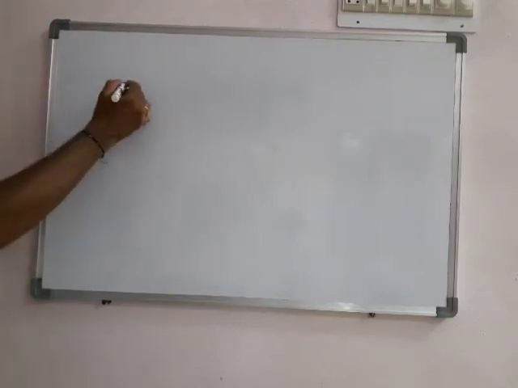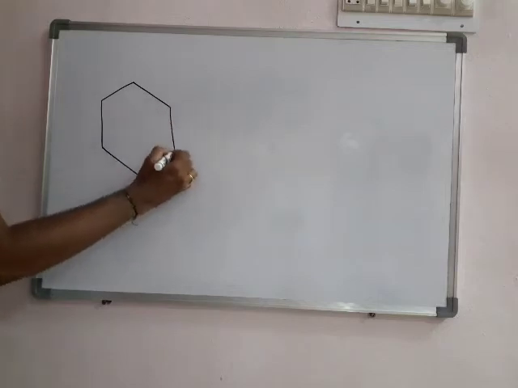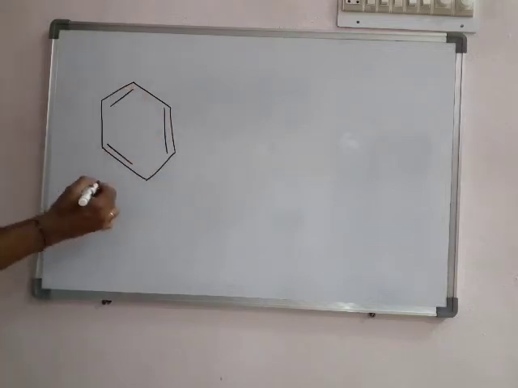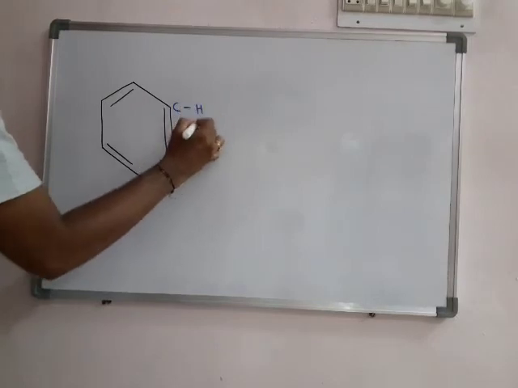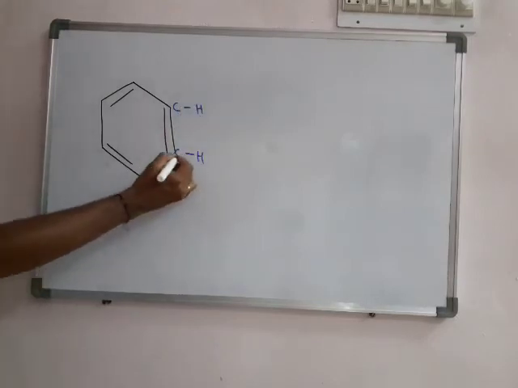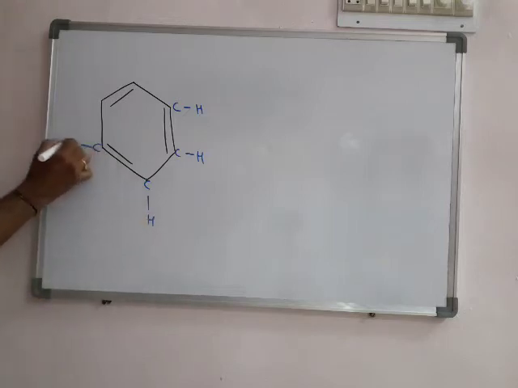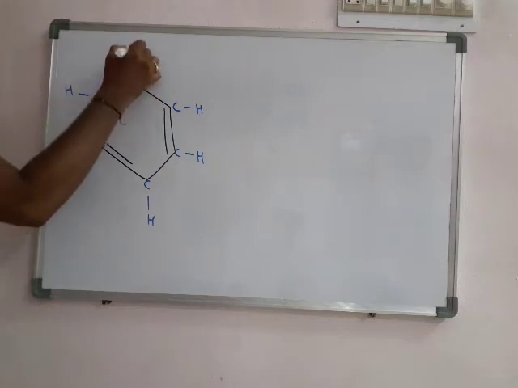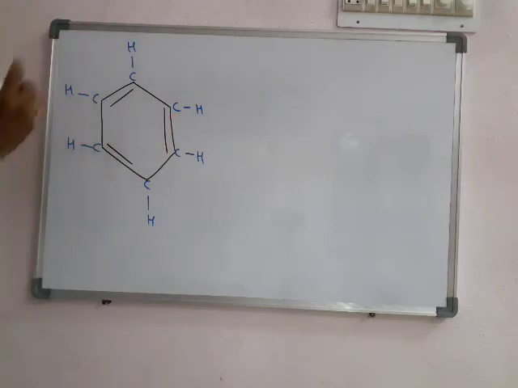So see the benzene, what bonds are present there? Each corner has a carbon. Six hexagonal, 6 carbons. Each carbon is having a bond with the other carbons and hydrogen.